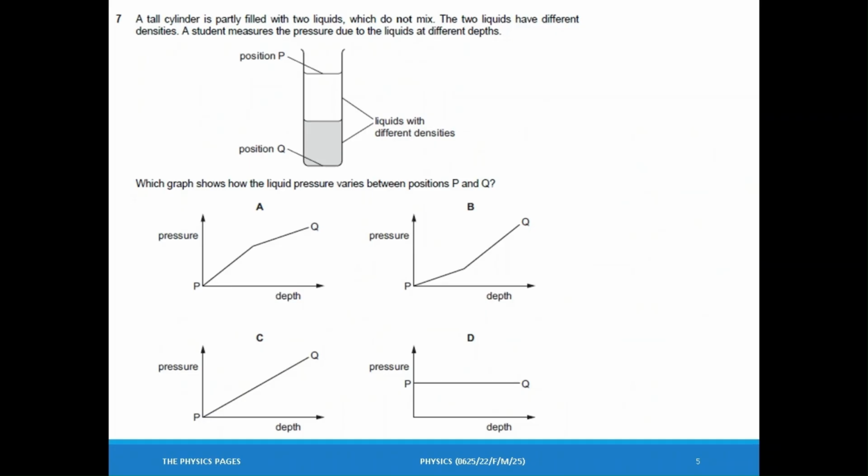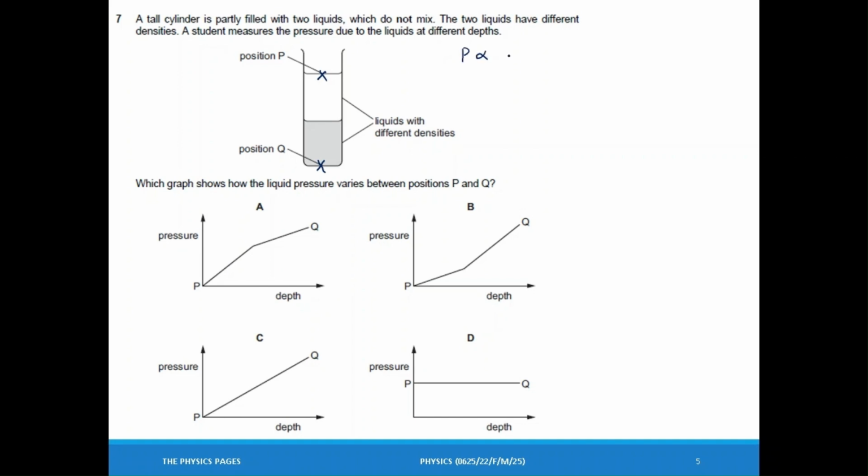Question number 7 is showing a cylinder with two different liquids having different densities. A student is trying to measure the pressure at point P. This is the point P, and the other point is Q. One is at the top of both liquids, and the other one is the bottom. We have to remember that pressure due to the liquid's depth is directly proportional.